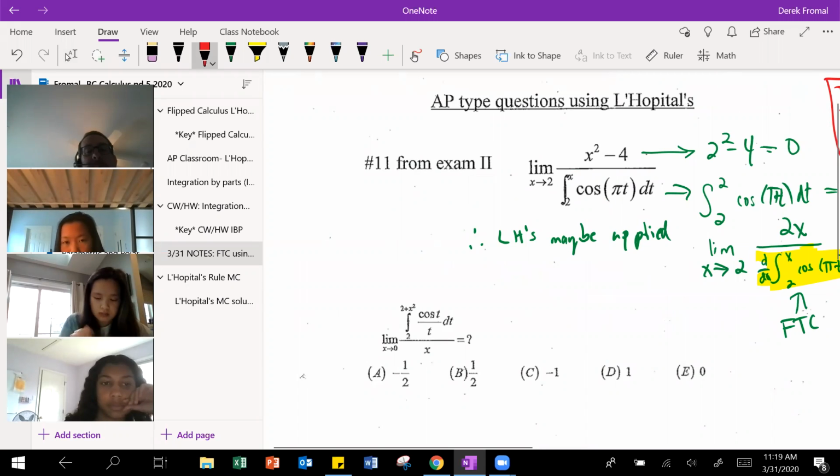For the second one, it looks very similar in terms of it being a limit and one of the two parts of the limit involving an integral. Those are indications that you're really going to be using both L'Hopital's rule and the fundamental theorem. I always hate to use the word always, but I can't remember a time where a problem was written like this that didn't use L'Hopital's rule.